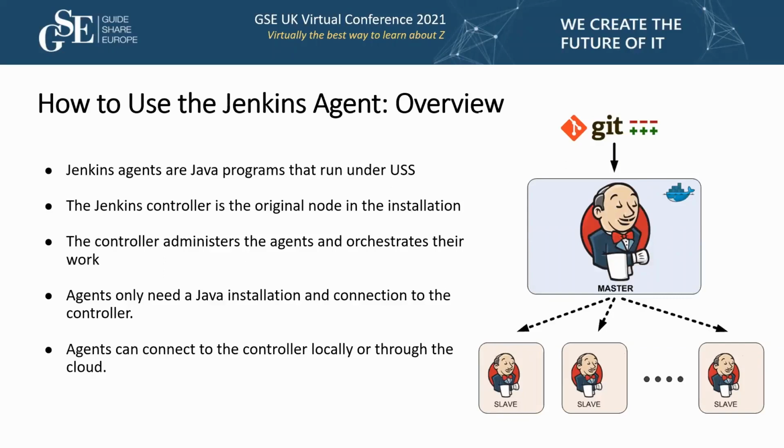Talking about how we could connect the Jenkins agent to the mainframe, thankfully, you only need to solve a few problems to use the Jenkins agent to connect to the mainframe environment.